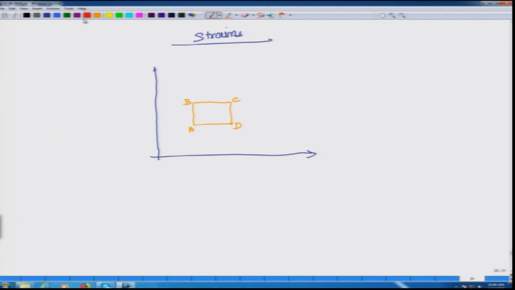Now, let us say that after deformation there is also some amount of translation, not only deformation. So, this is the new position and new shape.